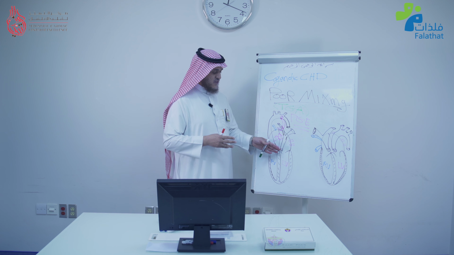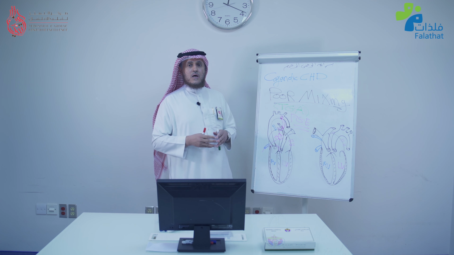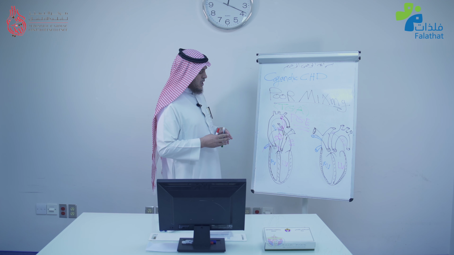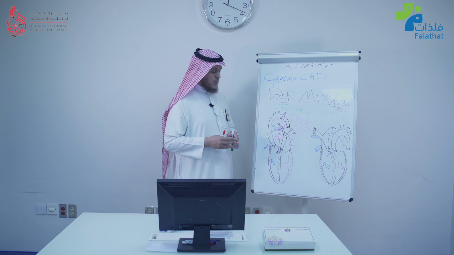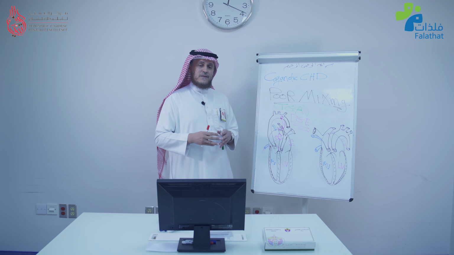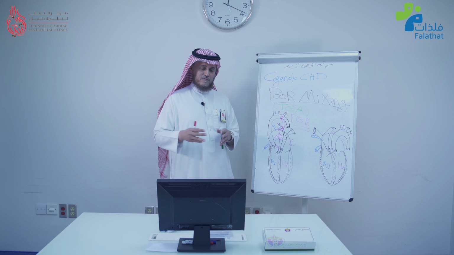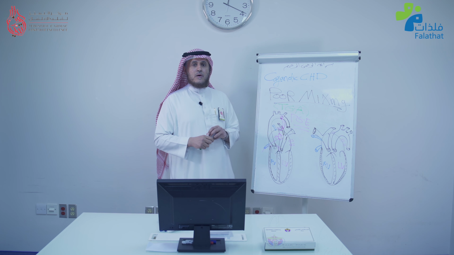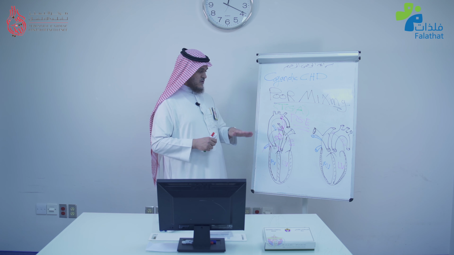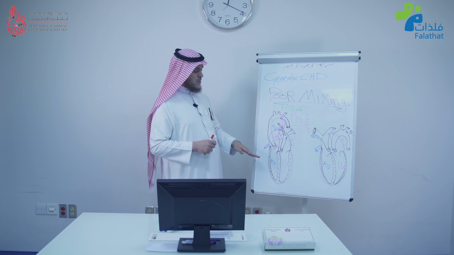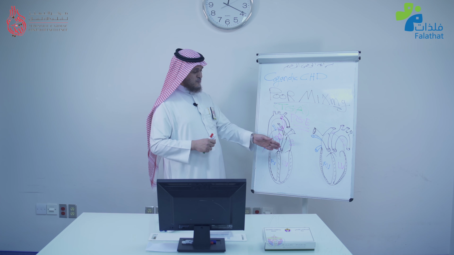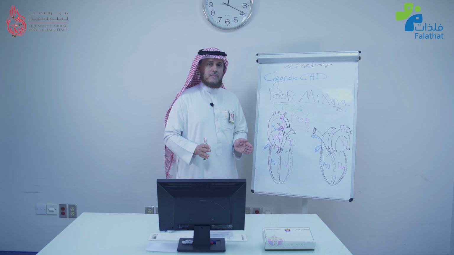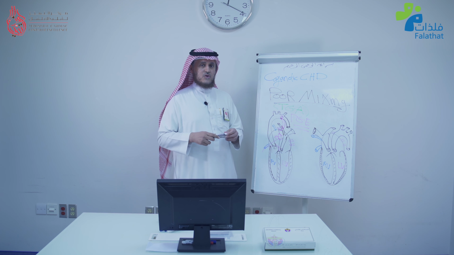The usual case is a small VSD just in the perimembranous area, not the subpulmonic, because if it is subpulmonic, then they are really a different type of transposition, which is not the goal of this presentation, because there are many types of transposition depending on VSD location and presence of pulmonary stenosis or not. We're not going to make it too complicated. We're just talking about the mainstream pathophysiology of cyanotic congenital heart disease.